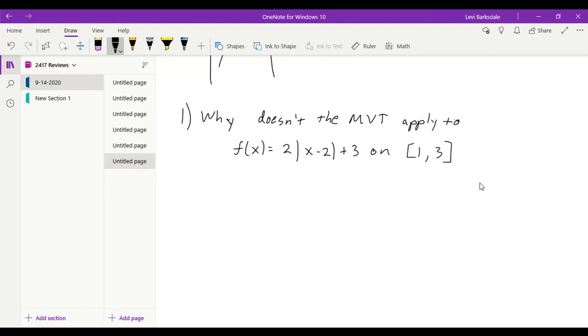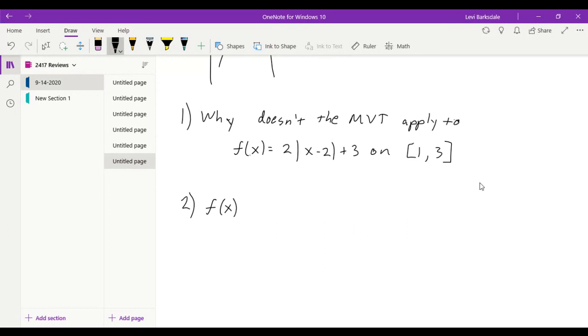This goes back to those conditions that have to be met before you can apply the mean value theorem.